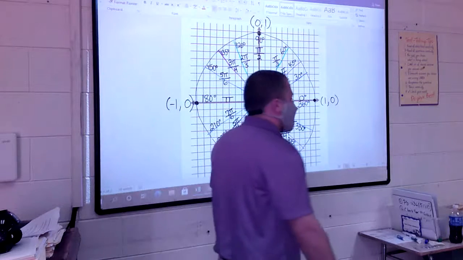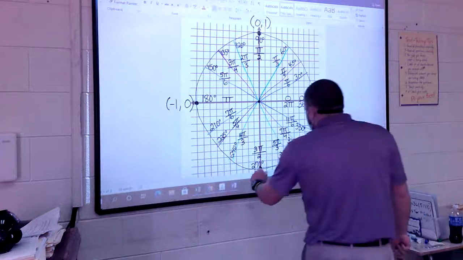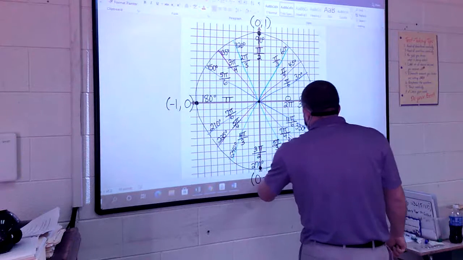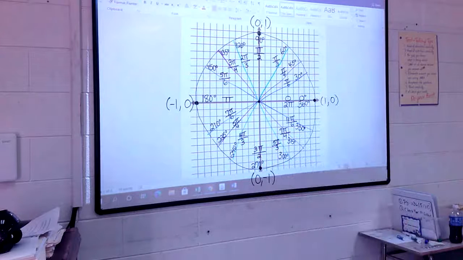And if you're down at the bottom, your x value is 0, you didn't move, and your y value is now -1. So those 4 points are the easiest to get. Okay? The other points we are going to have to get from a formula.